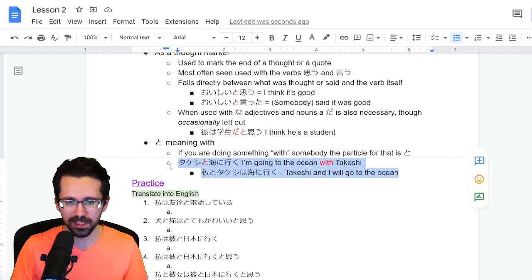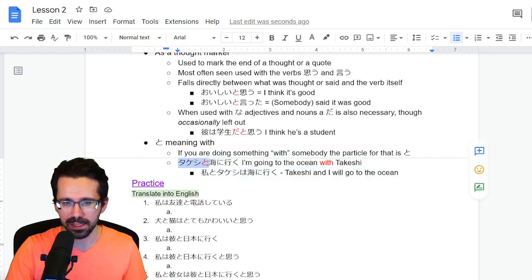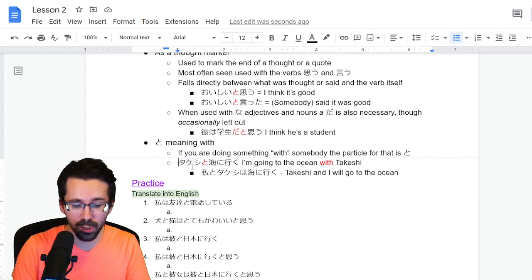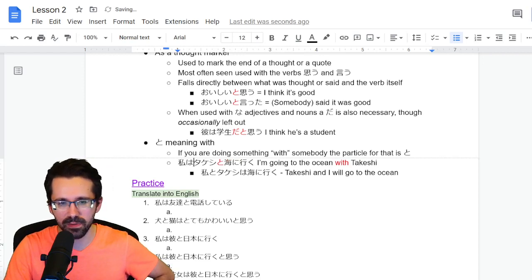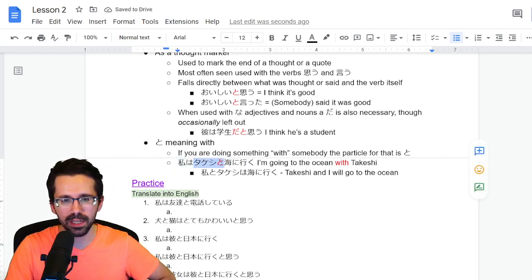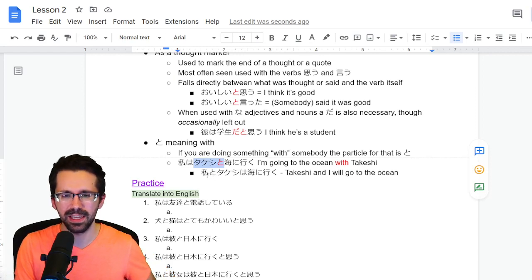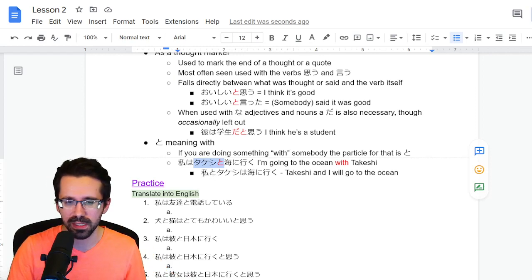The only real difference is in this sentence, because we have Takeshi to, you could have a watashi wa at the beginning of the sentence, and now our subject is very clearly watashi, and Takeshi is not a subject. He's just kind of extra information at this point.